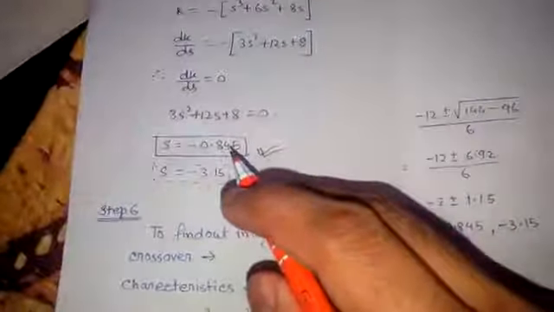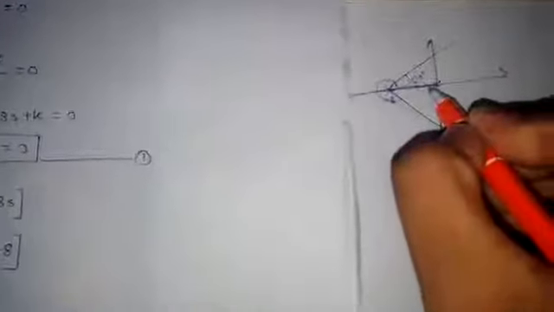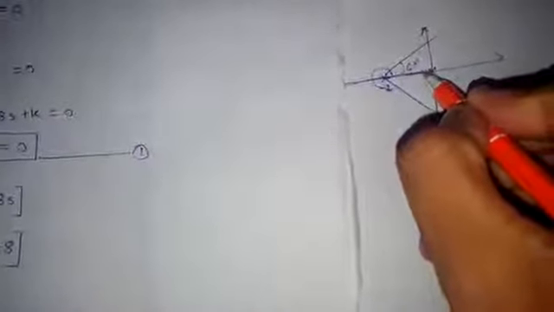Now we go to step 5, where we found the breakaway point, which was -0.845. Approximately it will be here, and from here we make the branches like this.